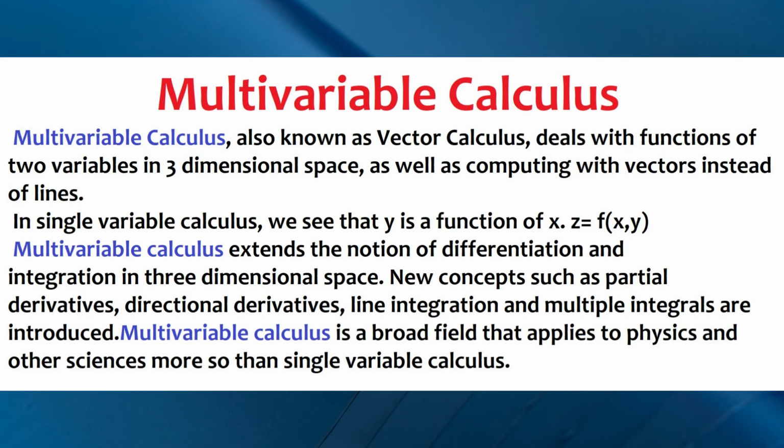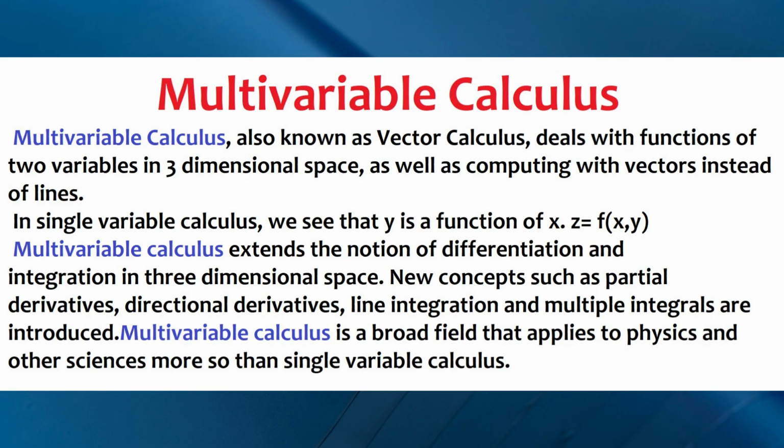So what we have discussed in this video, I recall all these concepts again. Multivariable calculus deals with the functions of multiple variables, whereas single variable calculus deals with the function of one variable. The differentiation and integration processes are similar to single variable calculus.